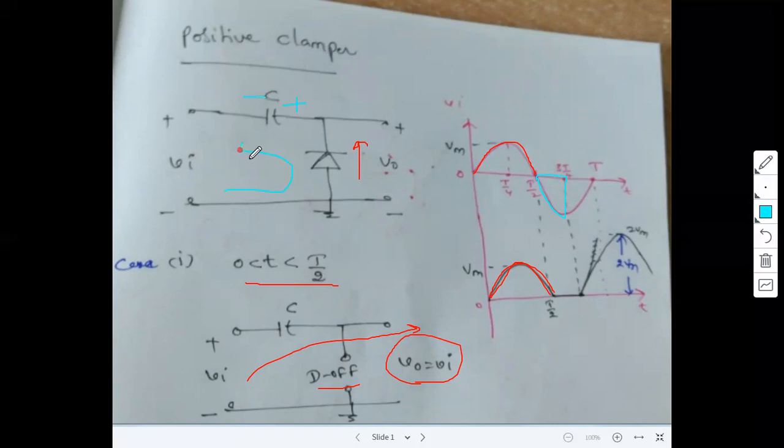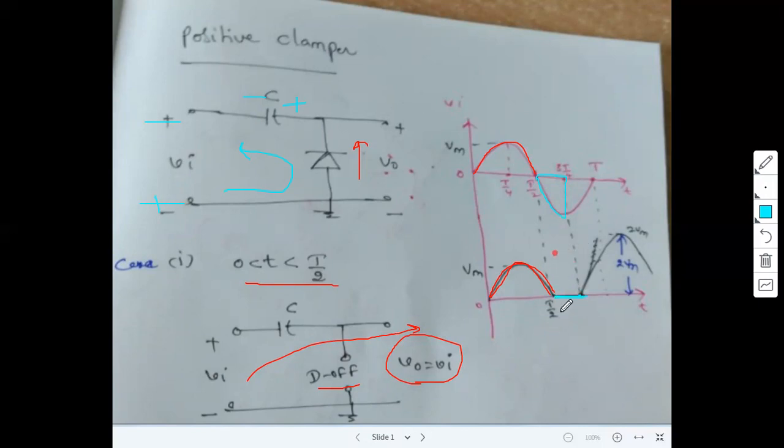This is the path, this is the minus and this is the plus. During T by 2 to 3T by 4, diode D is on and the output is equal to 0.